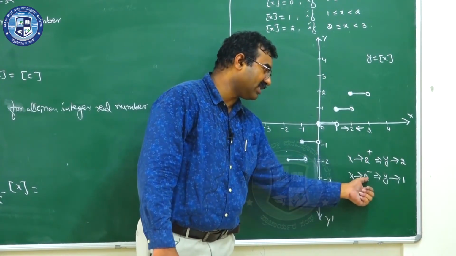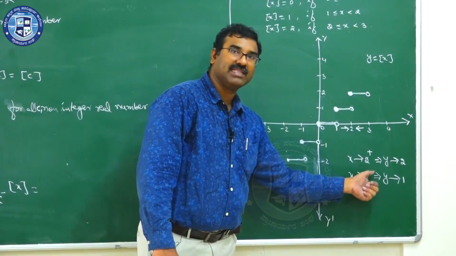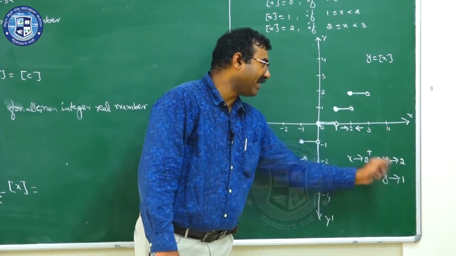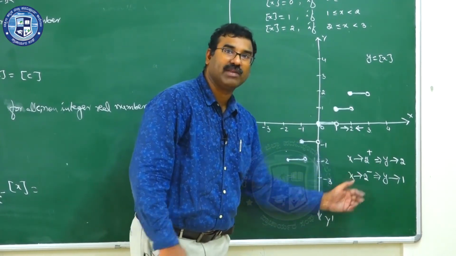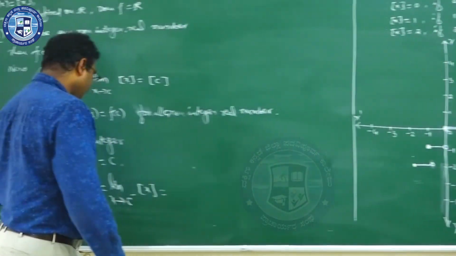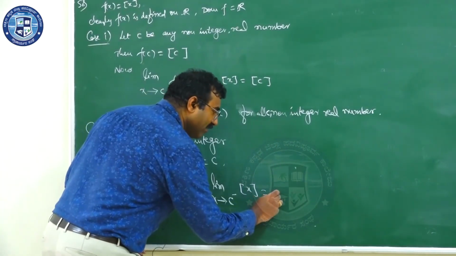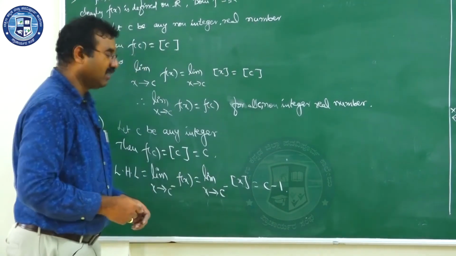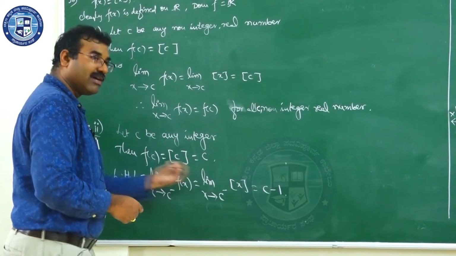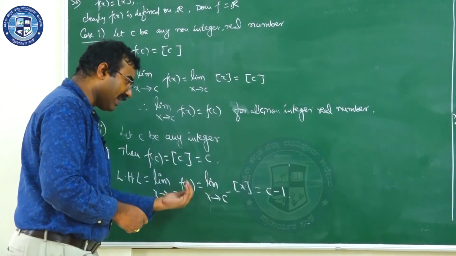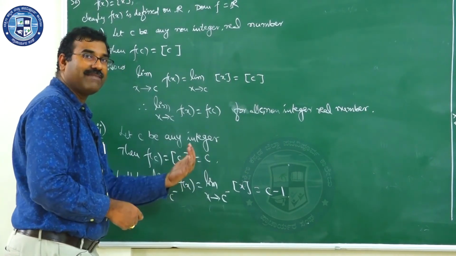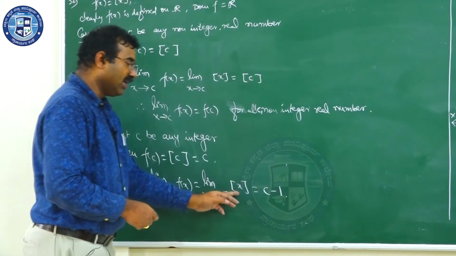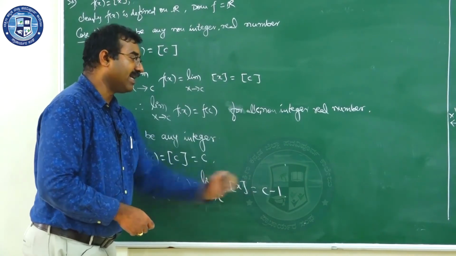If x is approaching c from the left side, then y approaches c minus 1. So see this example and write. So what do you get here now? You will get c minus 1, because x is coming close to c from the left. That means the value is less than c. That's why you can write c minus 1.